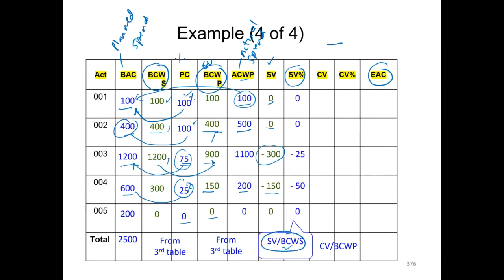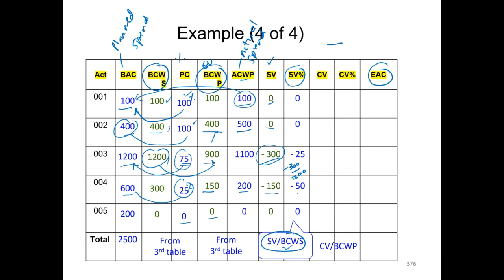Now we often represent it as a percentage using this formula, which is schedule variance divided by budgeted cost of work scheduled. So we take the values of this column, which is minus 300, and divide it by this BCWS: minus 300 divided by 1200 gives us minus 25%. So in terms of schedule, we are about 25% behind.